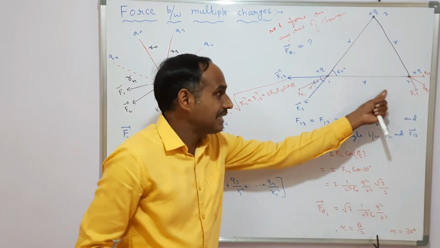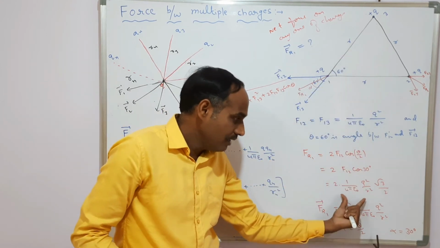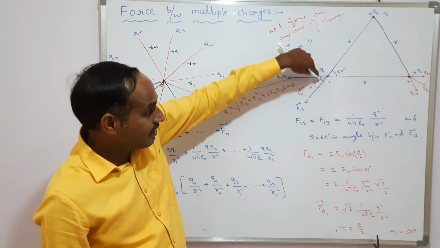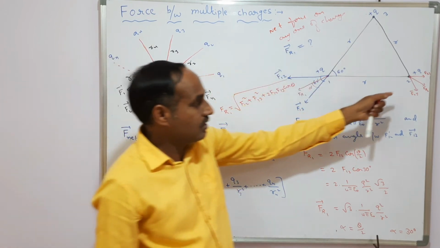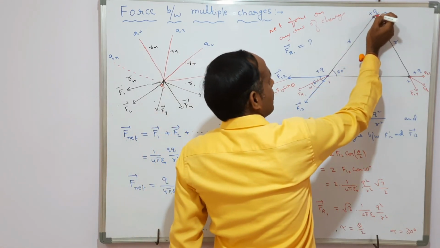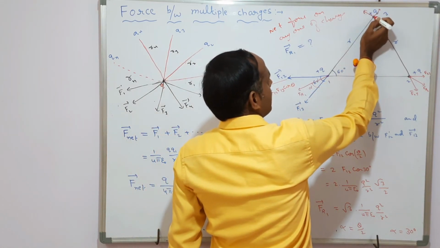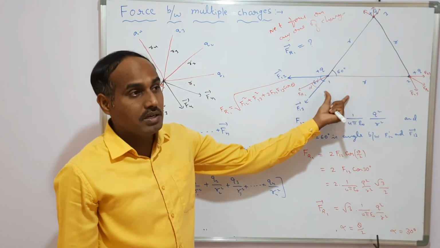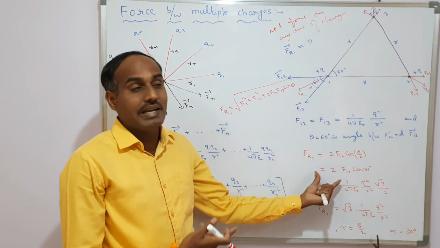Why? Because the charges are the same, the separation is the same, the magnitude is the same, but the direction is different. Please see, the resultant force on this is along this. Similarly, you may write on third due to first, due to second, and this is the resultant. This is the way we can solve the problems due to multiple charges by using vector addition.